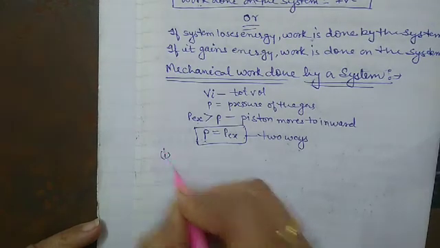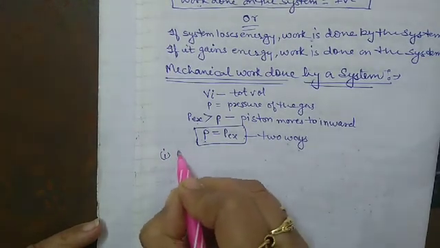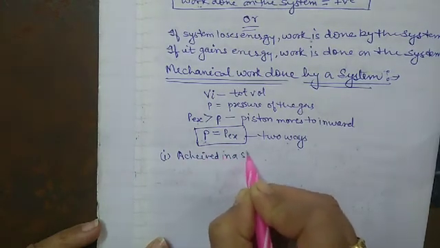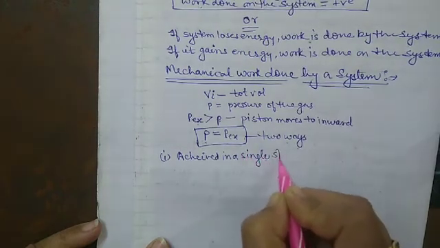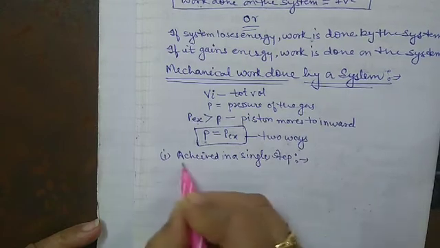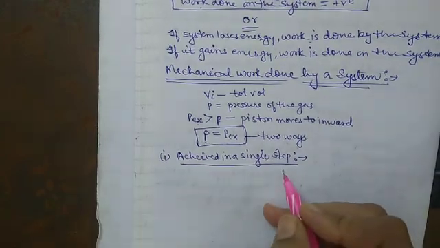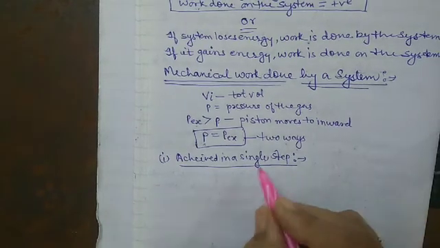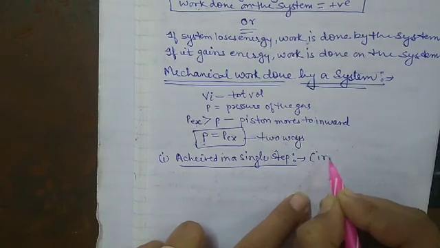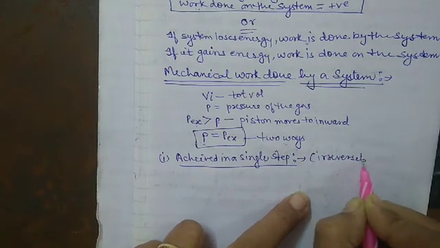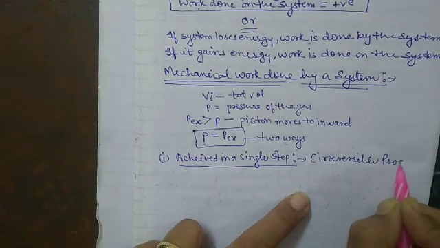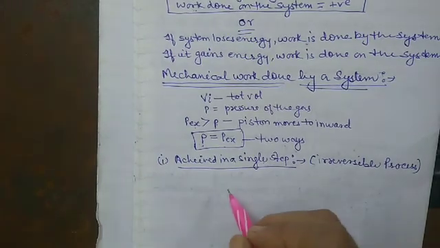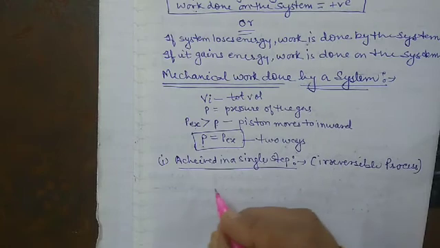The first way is that it is achieved in a single step, and if it is achieved in a single step, it means it is an irreversible process. This is an irreversible process.